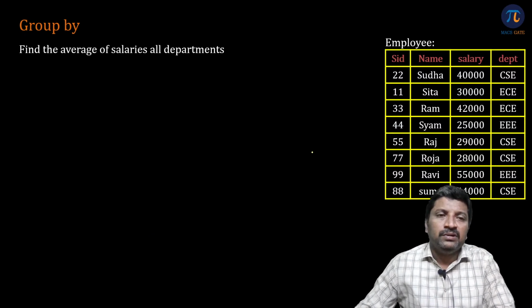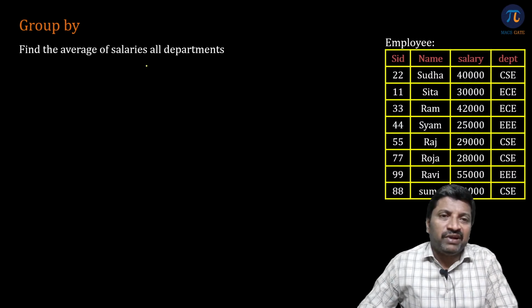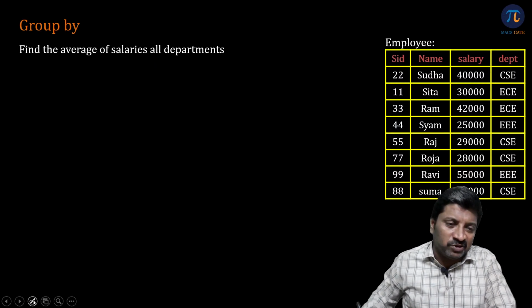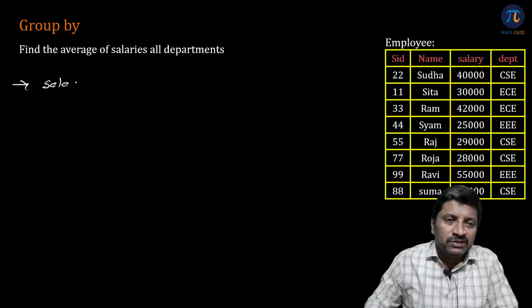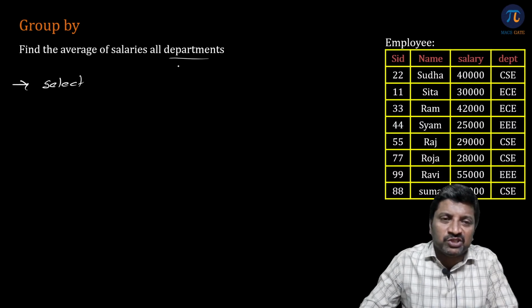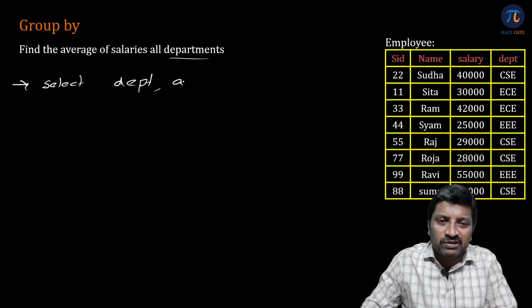Okay. Now look at this. Find the average of salaries of all departments. How do you find it, sir? Select, we want with respect to group, right? So select department. What you want, sir?